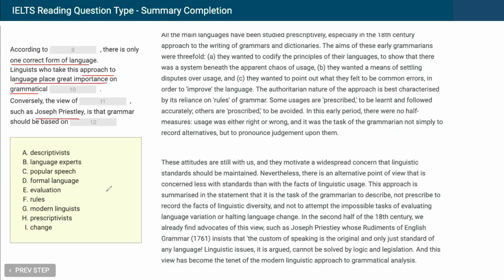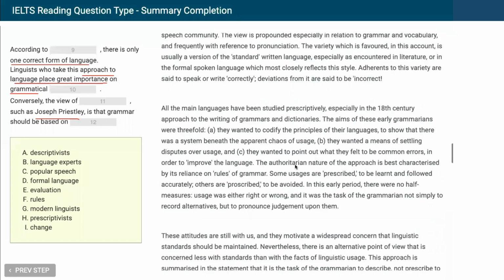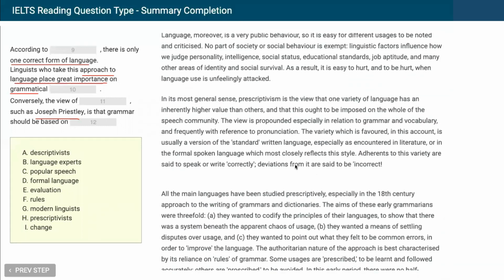All right, so I noticed language in paragraph 3. And just to remind myself of number 9, it says, according to blank, there's only one correct form of language. And in number 9, we thought perhaps it'll be a group of people. So I'm just going to read here to get an idea.